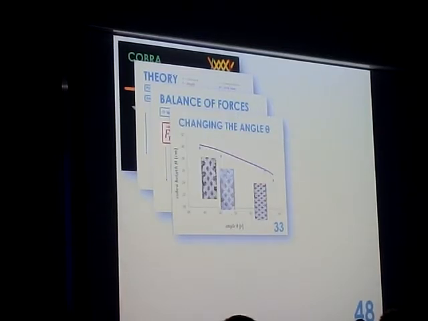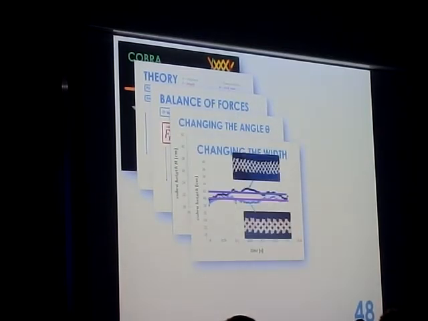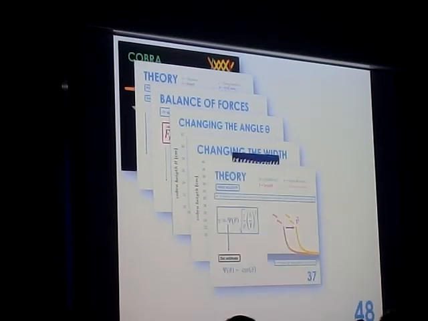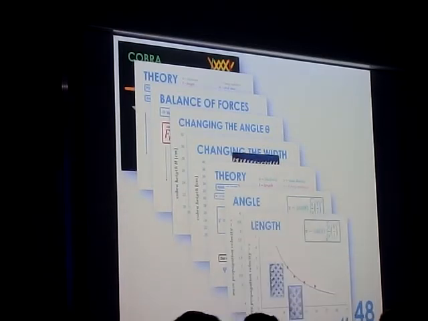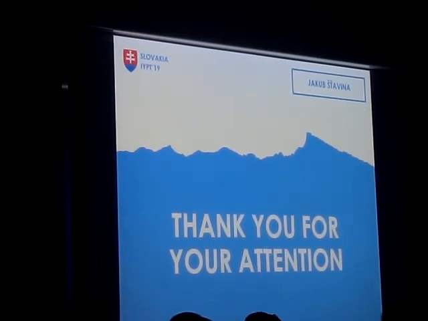Then we investigated the effect of changing angle and width on the height of the cobra, and moreover we presented theory taken from an article for the angle and length as it affects the velocity of the wave propagating through the cobra. I would like to thank you for your attention.